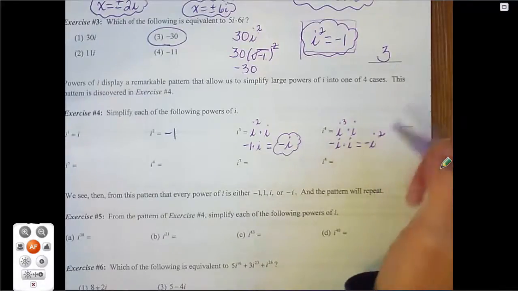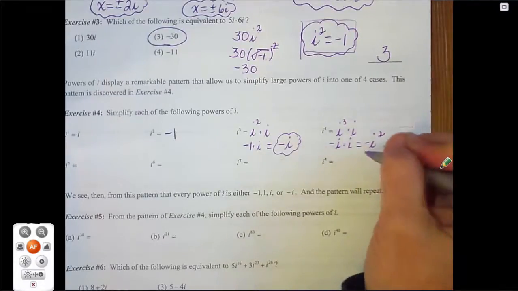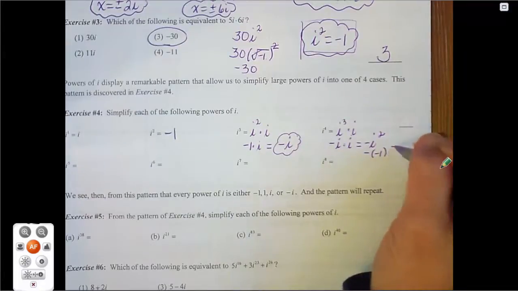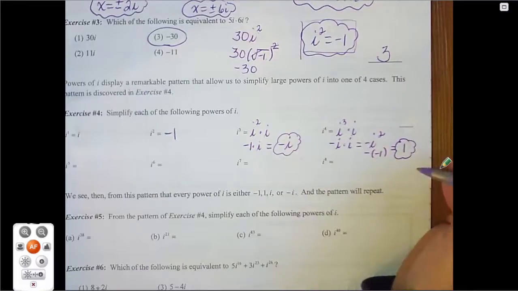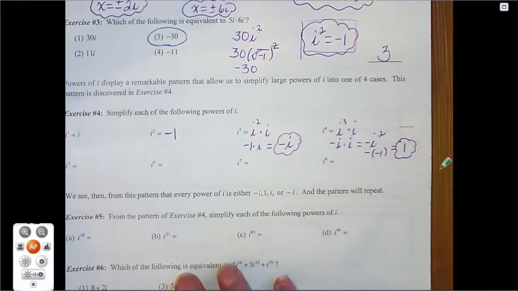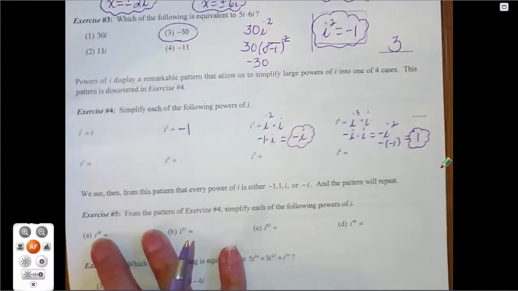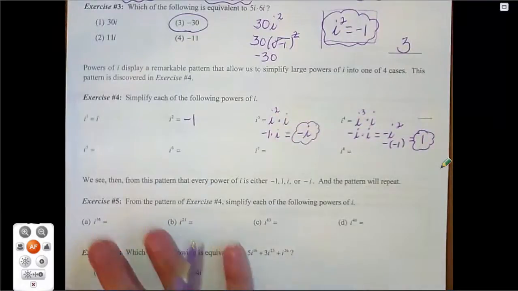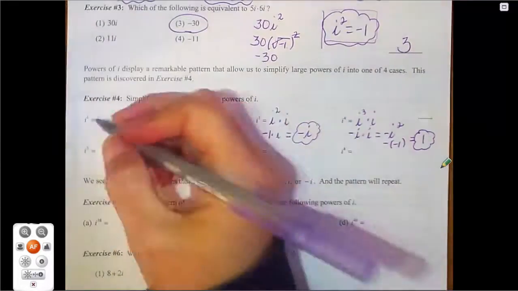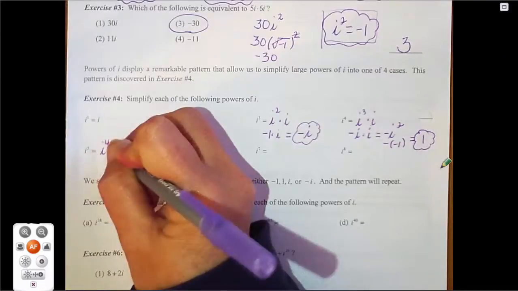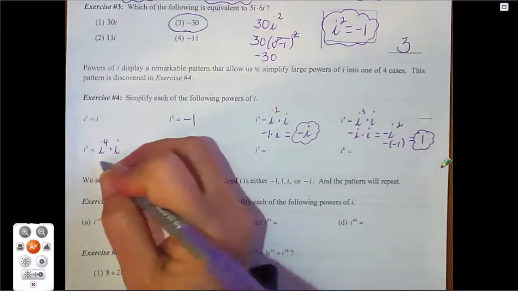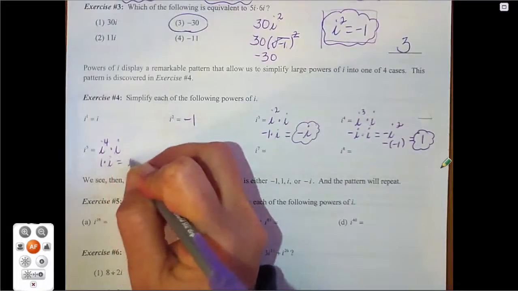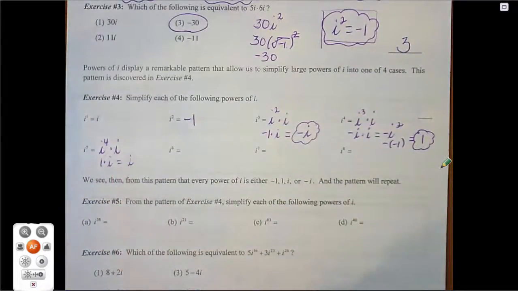But we know that i squared is negative 1, so this is negative, negative 1, or positive 1. i to the fourth is positive 1. We can try to continue and see what's happening with this pattern. i to the fifth, well, we could consider that i to the fourth times i. Well, i to the fourth is 1. 1 times i will be i. i to the fifth is i.